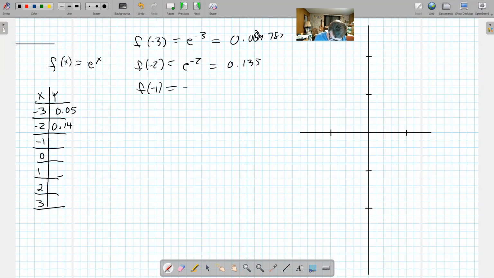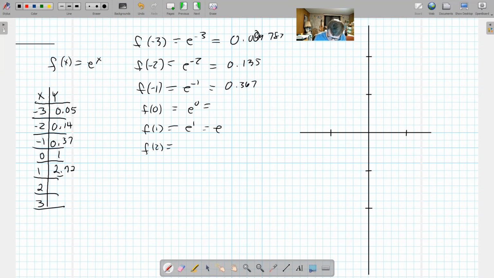F of -1, e to the -1 power. That's approximately 0.367, so we'll call that 0.37. F of 0 equals e to the 0 power, which is 1. F of 1 equals e to the 1, which is just e, or 2.72, rounding off.